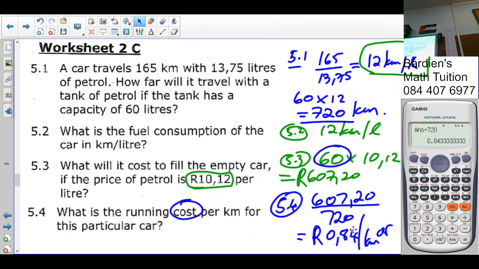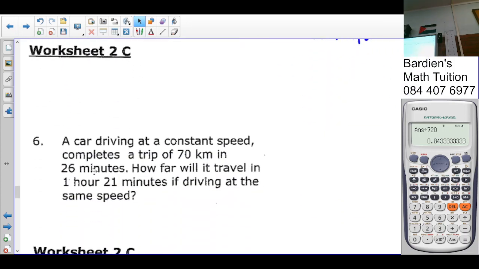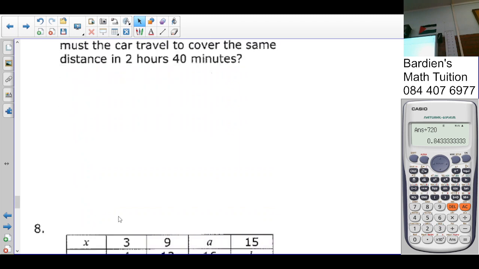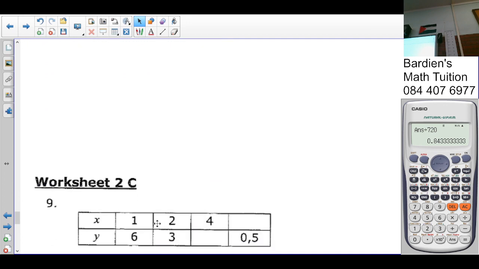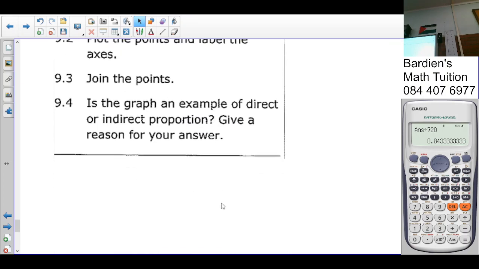You guys understand? Right? Are you guys finished with number 6? Okay, so I'm going to give you a chance to do number 6. So for homework, I would like you guys to conclude this worksheet, 2C, and you're going to do for me 2D as well. 2D is fairly large, 12 sums there.